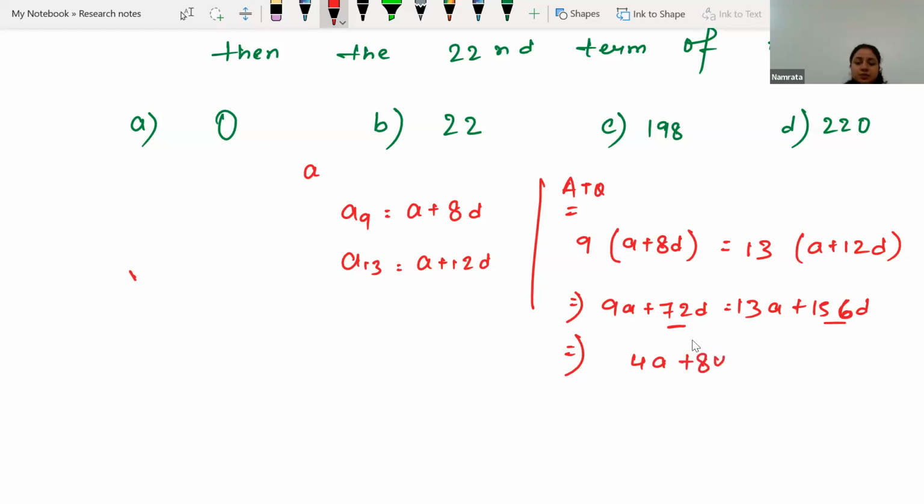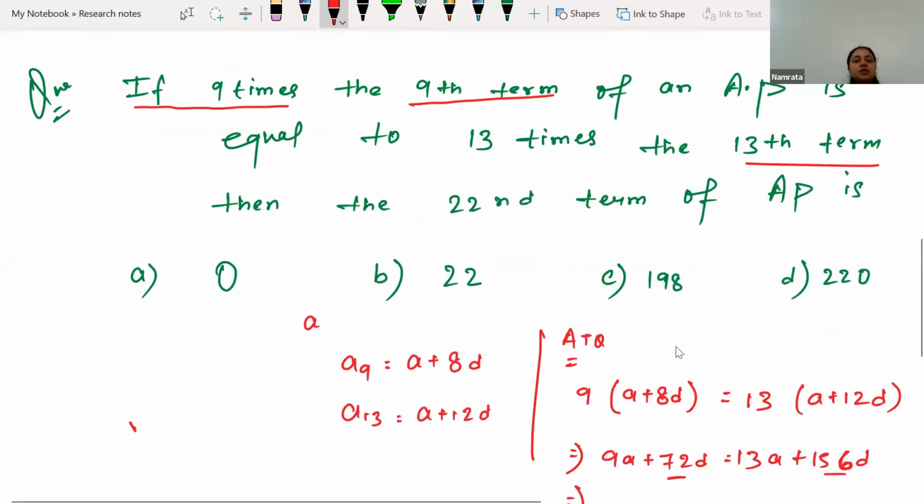So plus 84d is equal to 0. That means if we take 4 common out, it will be a plus 21d is equal to 0. Right, Lena? This is the equation we have got according to the given question, right?